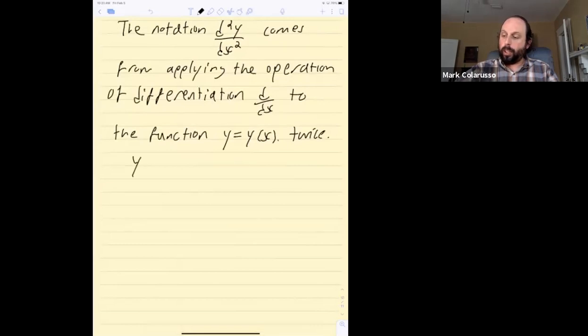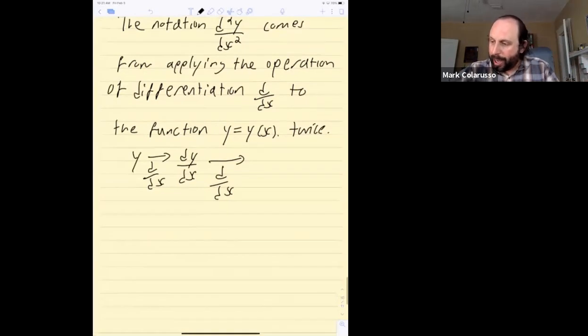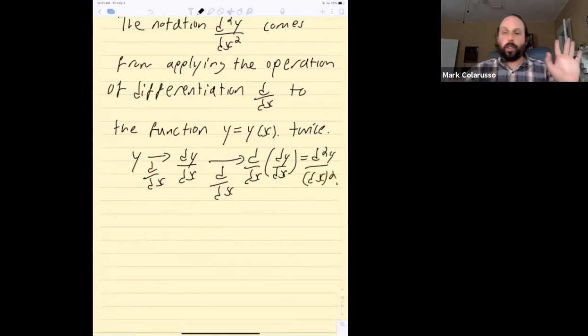So you start with y, you apply this differentiation operation to produce your new function, dy dx, the derivative function. Then you apply that operation again to produce the derivative of the derivative, or the second derivative of y. And you think of d dx applied to dy dx being d squared y dx squared. So that's where that notation comes from.